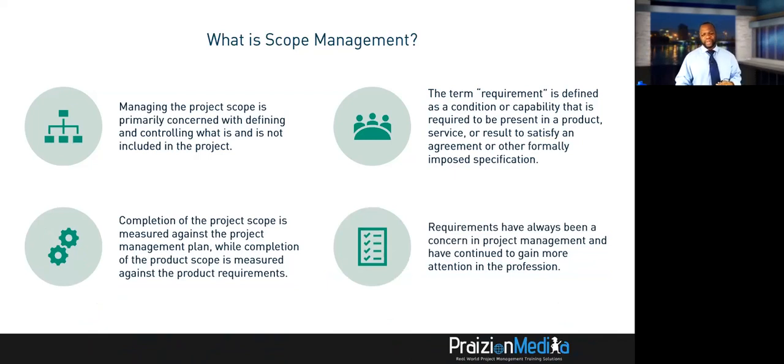Requirements have always been a concern in project management and have continued to gain more attention in the profession. There are many ways you can collect requirements, many ways. There are special meetings you could have, there's brainstorming you could do, and many things.